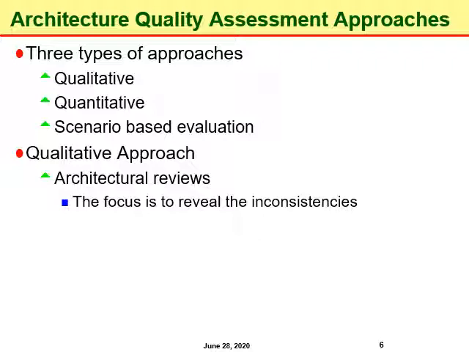In fact, these design reviews can reveal where design and requirements are not in alignment with each other. Specifically, one goal of a review is to expose the areas where there is some architectural drift or unnecessary complexity.